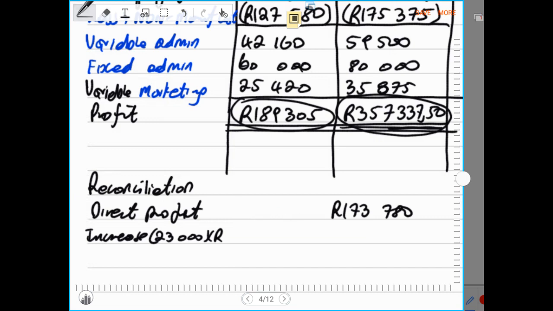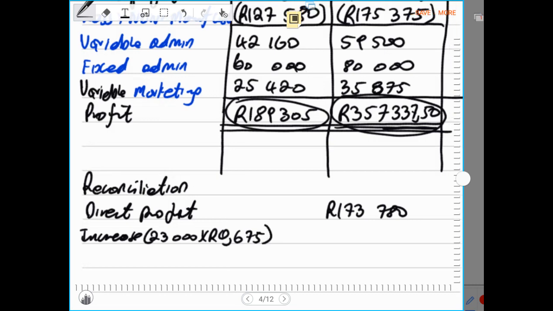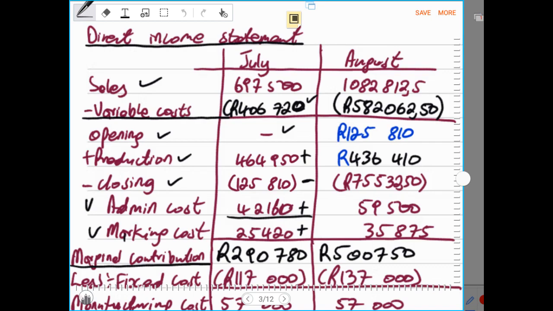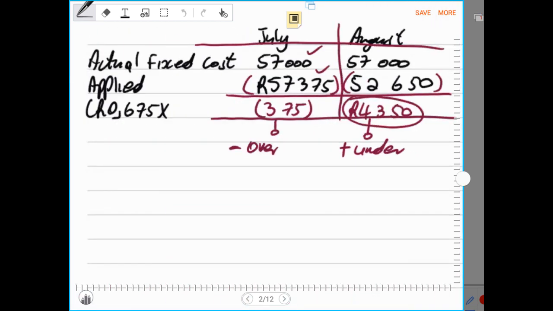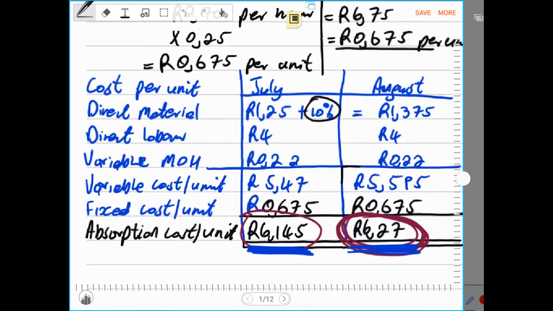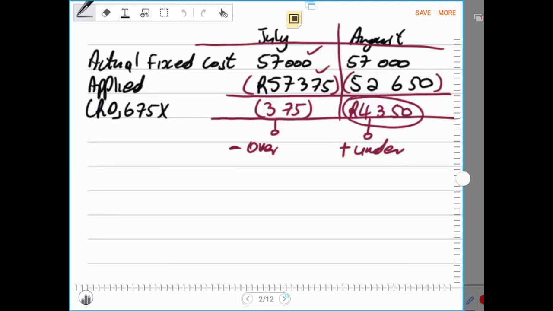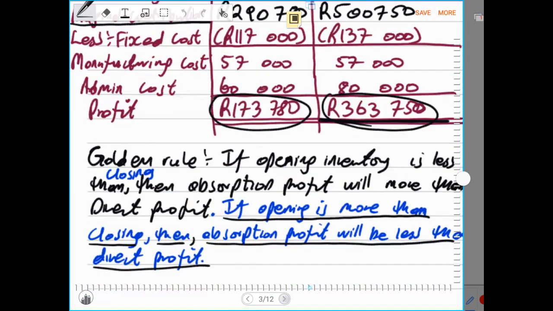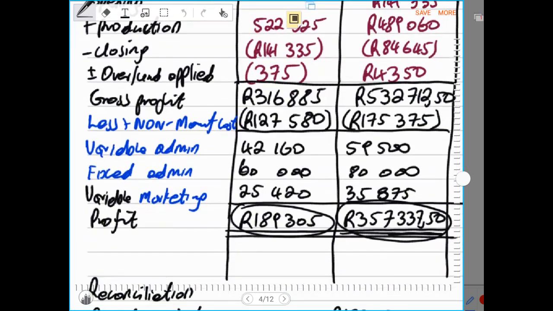Therefore, now we multiply this by 0.675. Remember, 0.675 is the fixed cost per unit. This is the amount that we multiply with when we reconcile the difference between the profits. Not periods, but the difference between the profits.